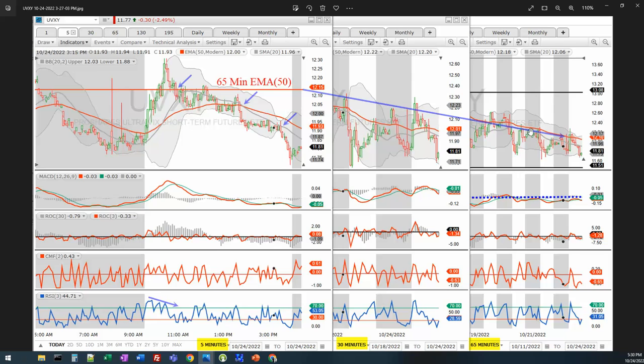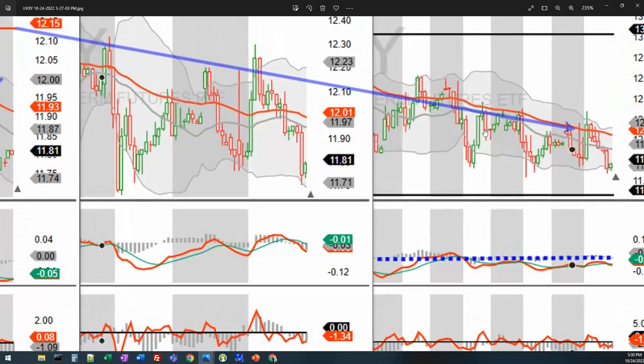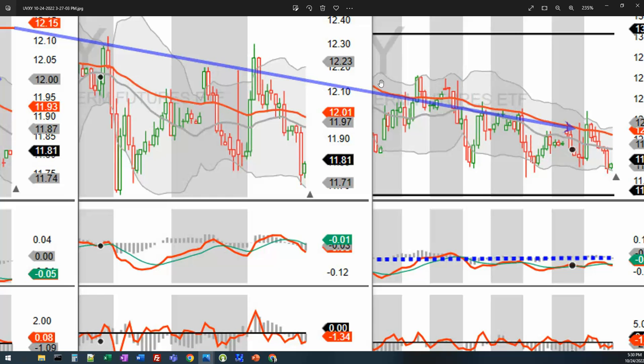How do I know that? Check it out. To the far right-hand corner, here is the 65-minute EMA 50 line, the red line. It just can't break past it.